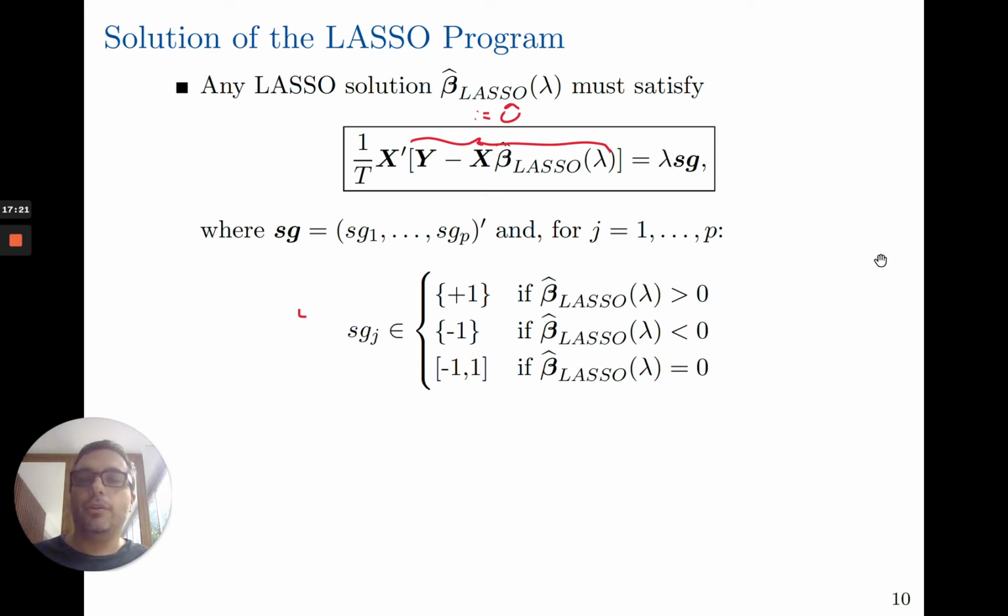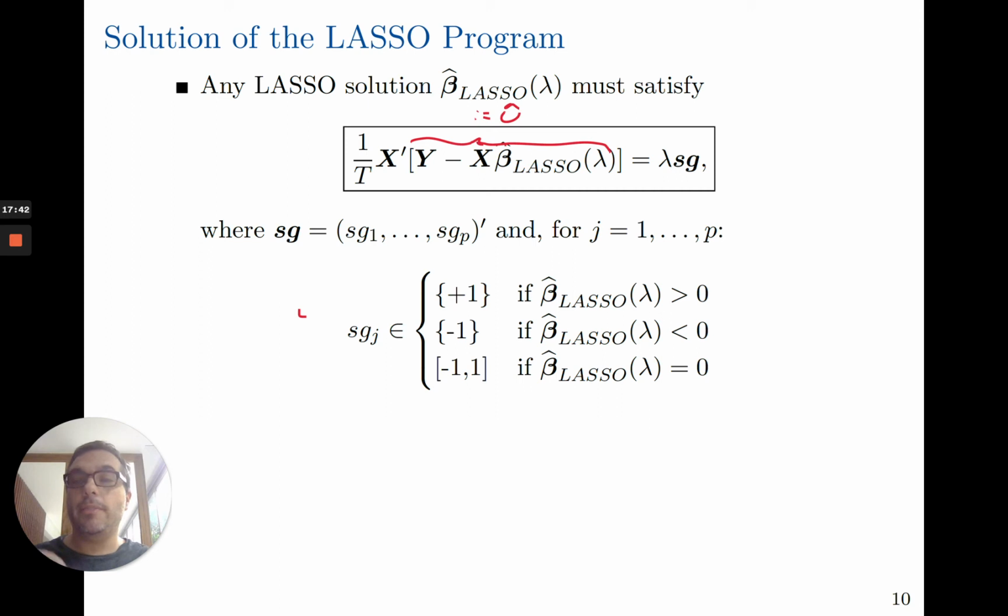So 1 over t X prime u hat should be equal to lambda times SG, where SG is a shorthand for a subgradient, and I'm going to give you more details about that in a second.